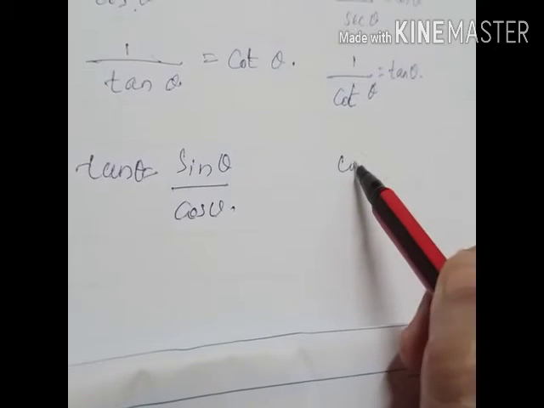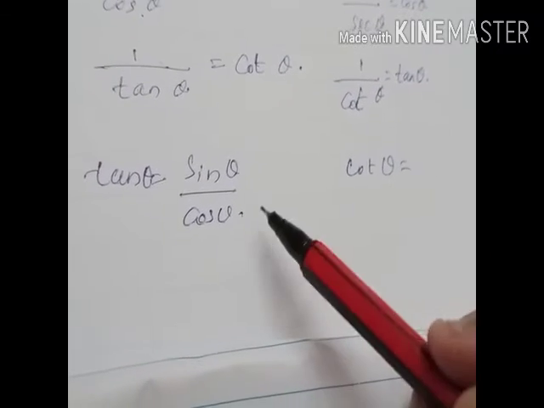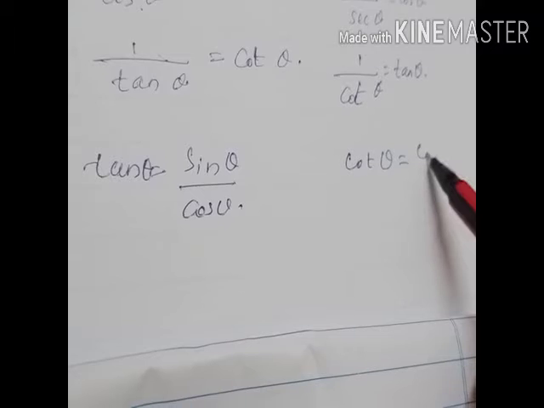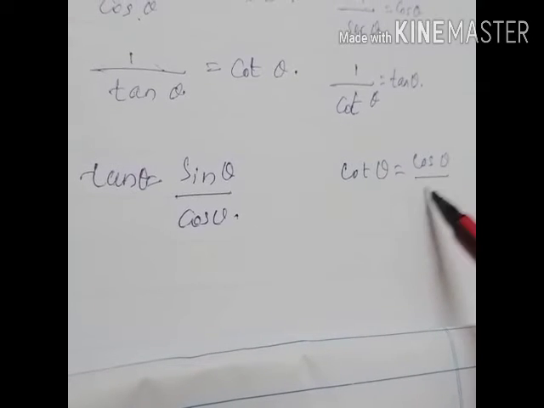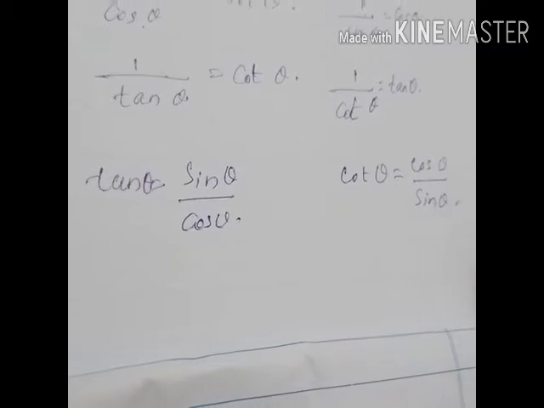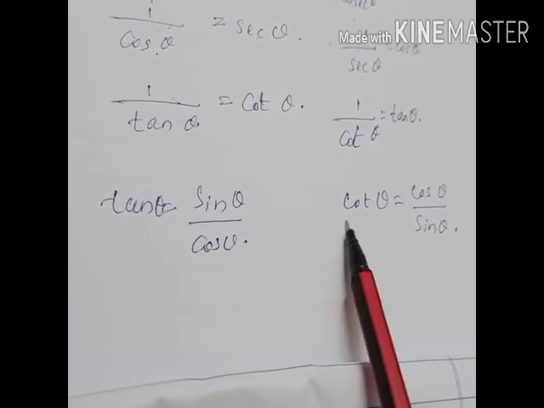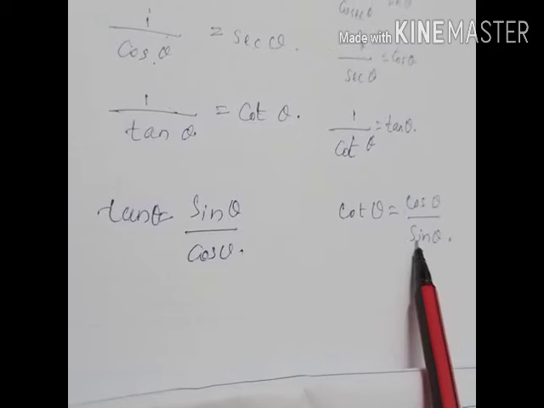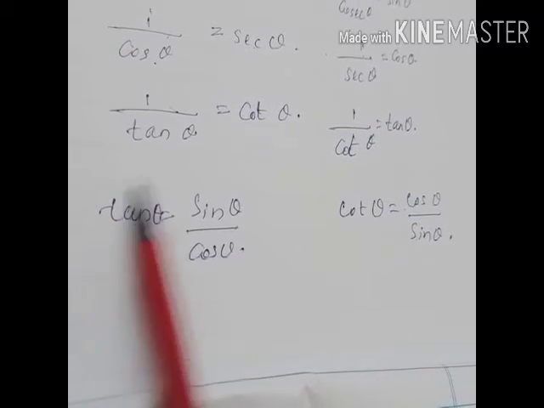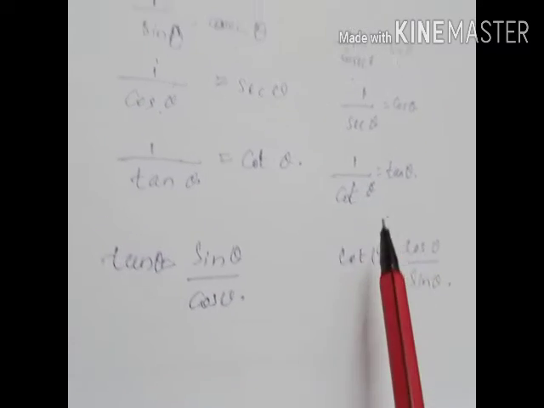Similarly, cot theta equals what? Its reciprocal, that is cos theta by sin theta. Tan theta is sin theta by cos theta, and cot theta is cos theta by sin theta. This is an additional relationship. Clear?